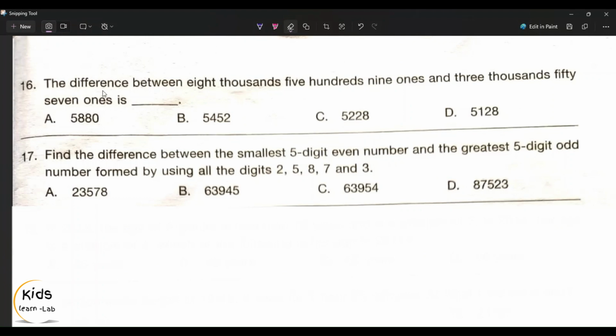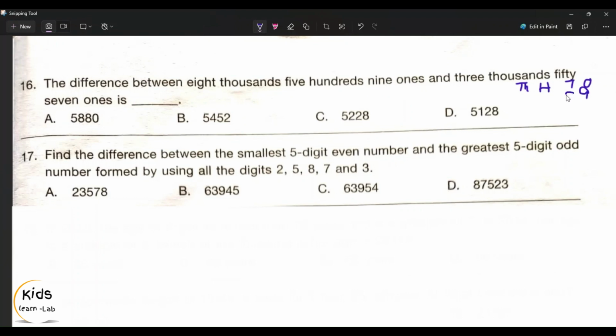16th question. The difference between 8 thousands, 5 hundreds, 9 ones and 3 thousands, 57 ones is dash. So thousands place, hundreds place, tens place, ones place. So what is the first number? Ones place is 9.